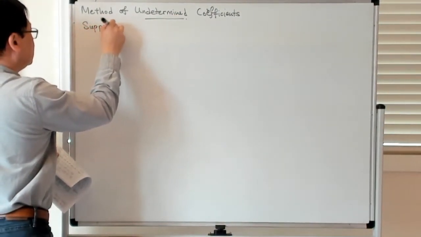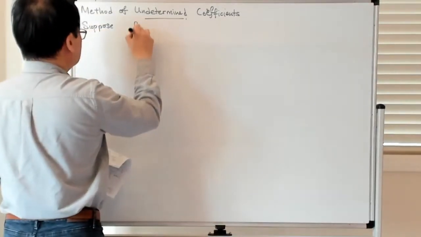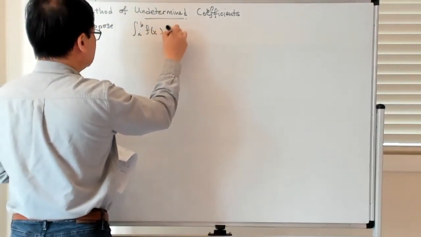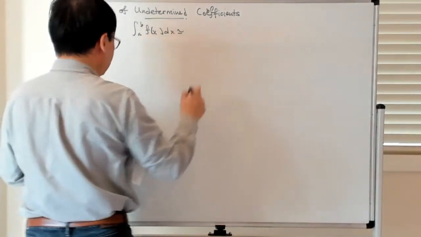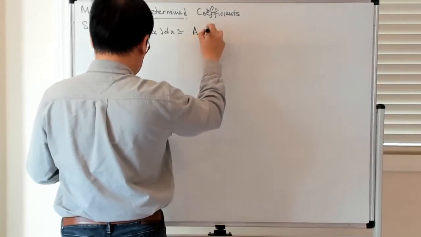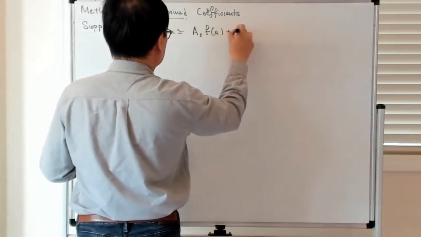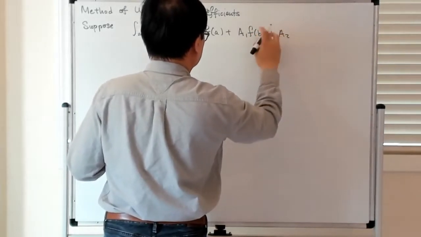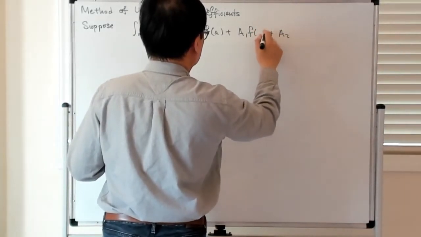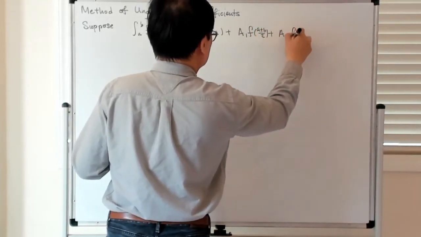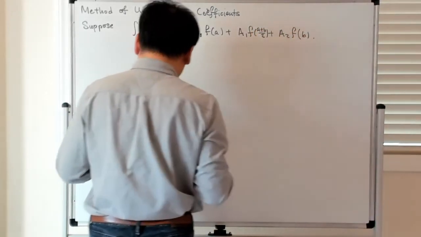Okay, so let's suppose the following. Suppose that the integral from a to b of f of x dx is approximately some linear combination of, say, a0 f of a plus a1 f of (a plus b)/2 and a2 f of b.